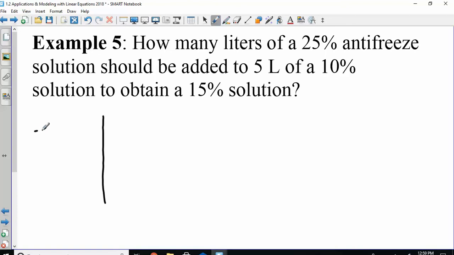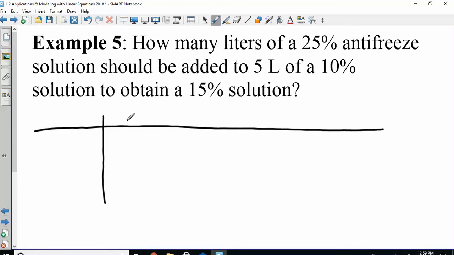We're mixing things. So if we set up our table, across the top, my formula is the same. It's going to be the amount times the percent equals the amount pure.